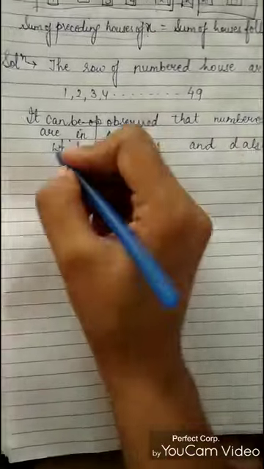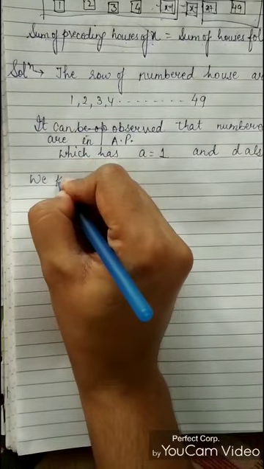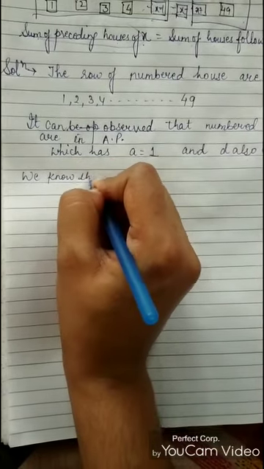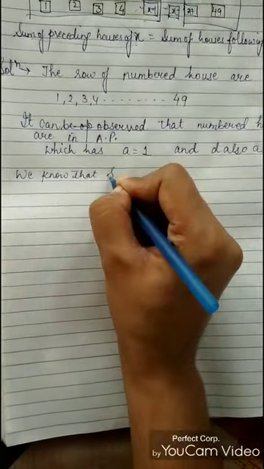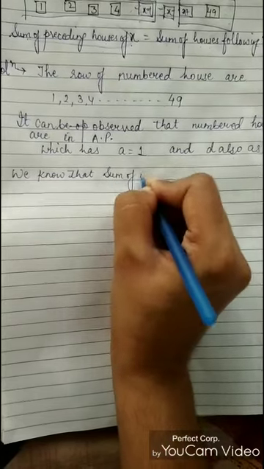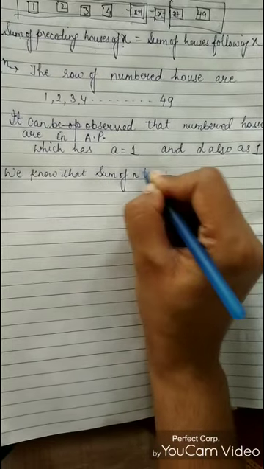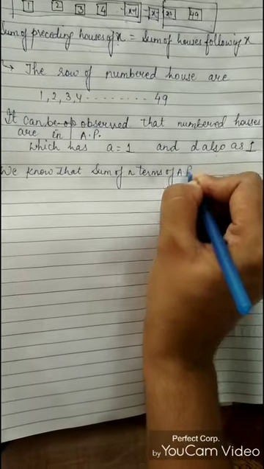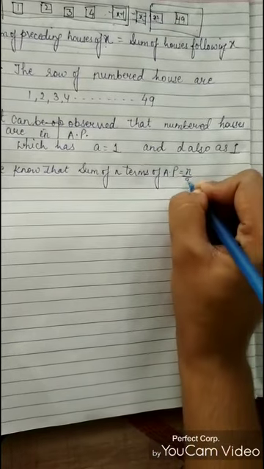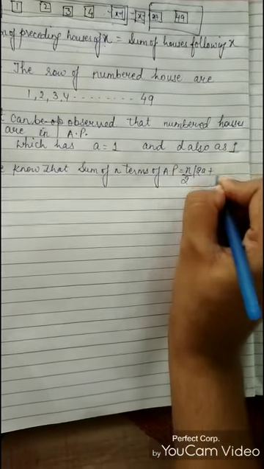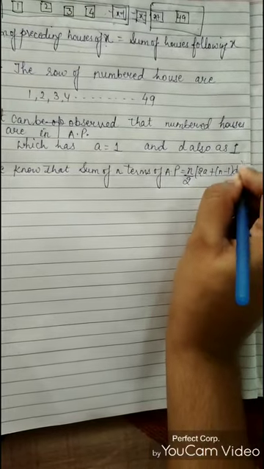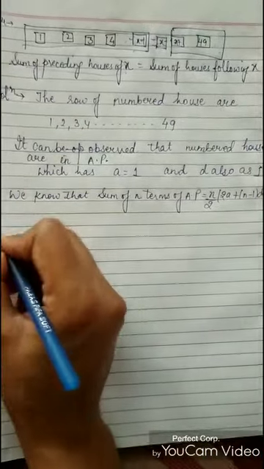From here we know that the sum of n terms of AP is equal to, what is the formula? N upon 2, 2a plus (n minus 1) into D, right? Now according to the question, what is given to us?